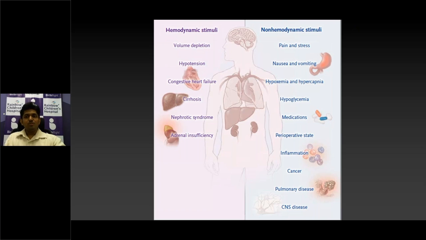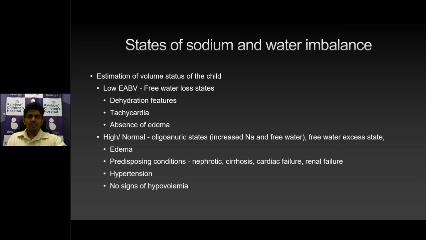Meaning most of our children are in an AVP excess state. They are not in an arginine vasopressin deficient state. Therefore, even if you are dealing with a normal postoperative patient, you have to assume that they are in an AVP excess state unless proven otherwise with clinical features of dehydration.